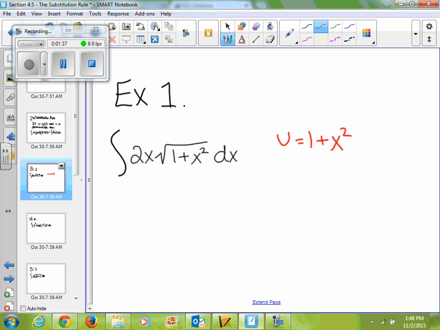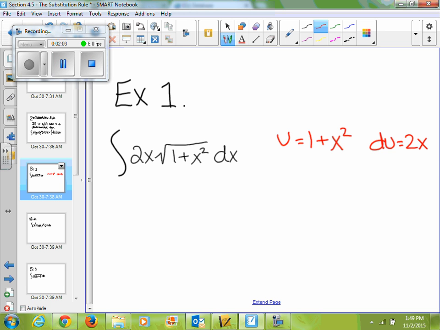And so then du, my derivative of 1 plus x squared. What is the derivative of 1 plus x squared? What's the derivative of 1? 0. Okay, and what's the derivative of x squared? 2x, right?